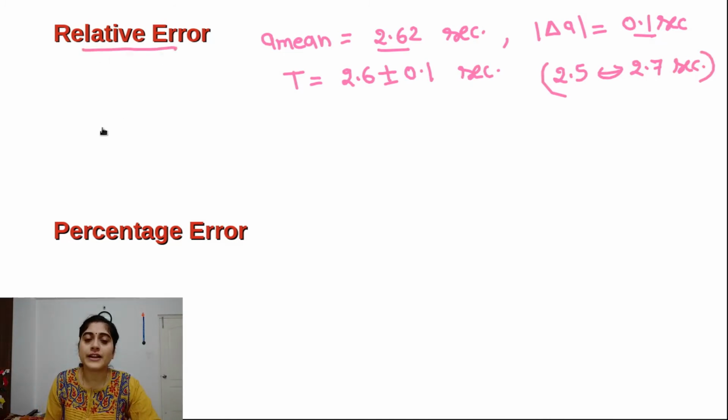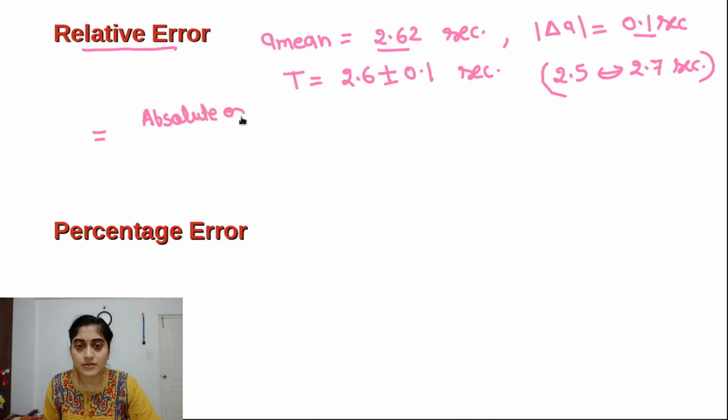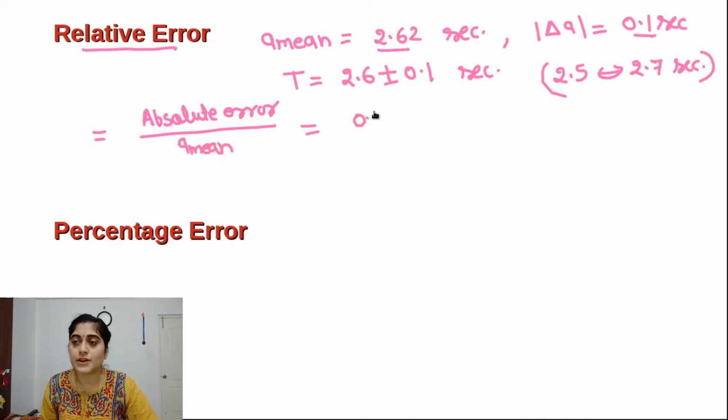Now you have to find the relative error. So relative error is the absolute error divided by whatever is your A mean. So that will be equal to 0.1 divided by 2.6.